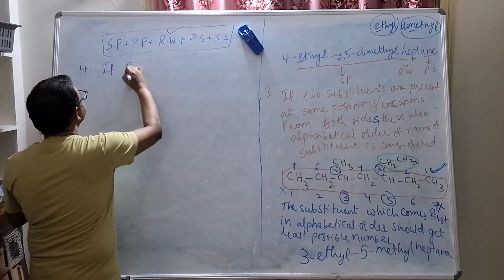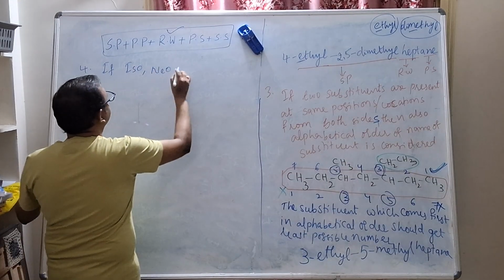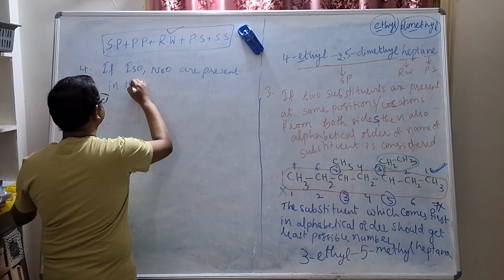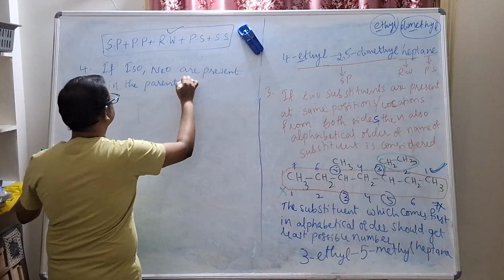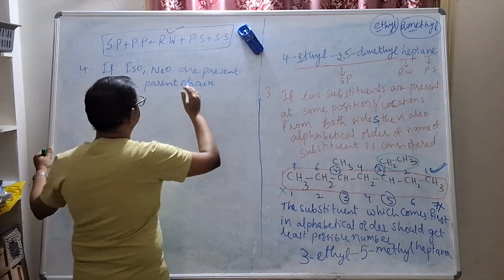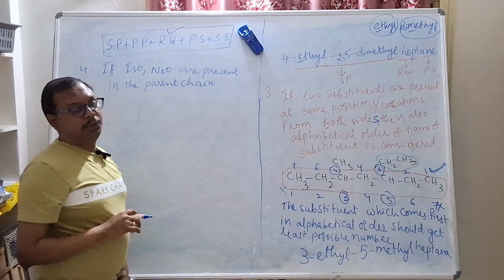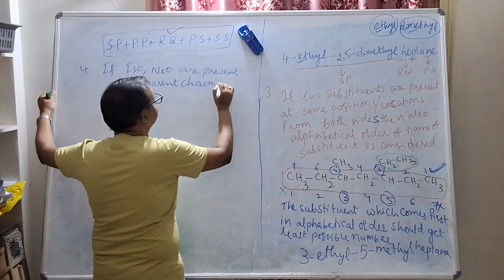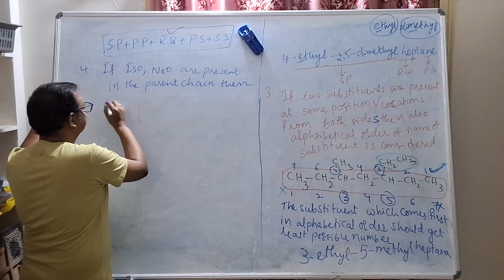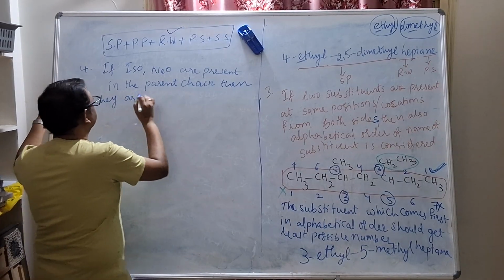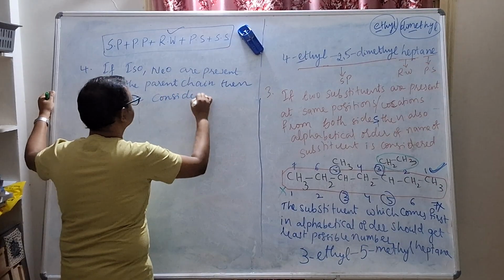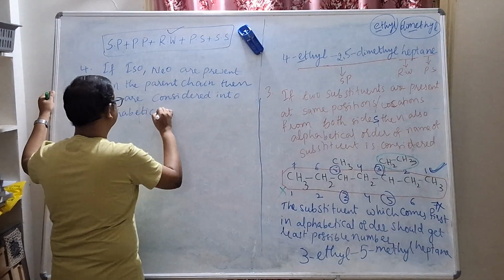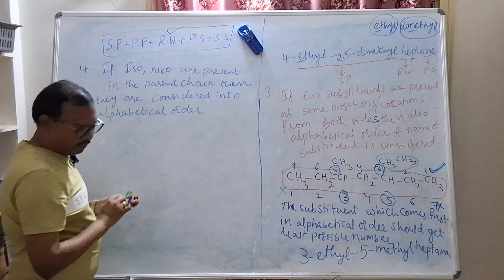If iso and neo groups are present in the parent chain, such as isopropyl, isobutyl, isopentyl, and neopentyl, which we have seen, if they are present in the parent chain, then they are considered in alphabetical order.